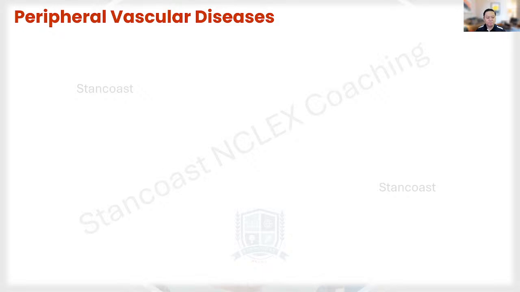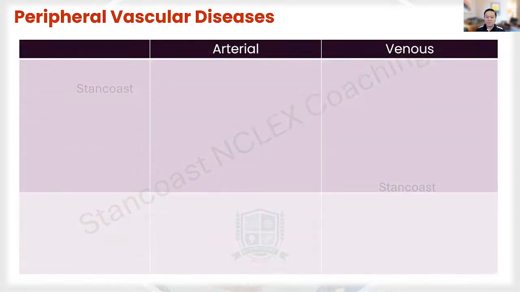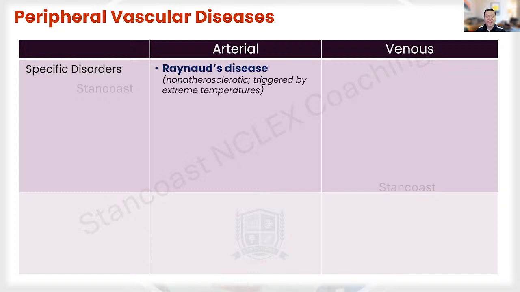Now we're going to go into the comparison between the arterial and the venous peripheral vascular disorders. Here we have the most specific disorders, and that includes Raynaud's, which is an arterial type of PVD. So you are seeing Raynaud's disease right now. This is a condition that involves spasms in the small arteries.